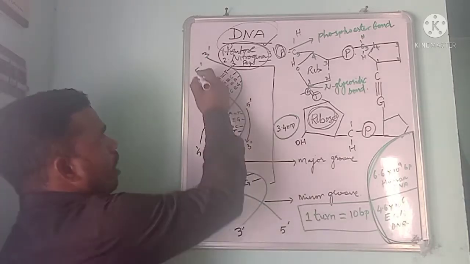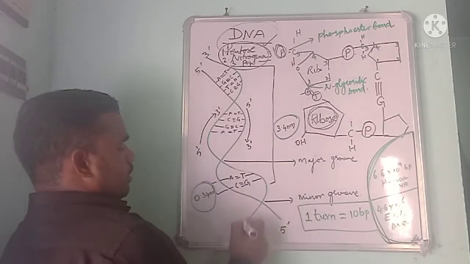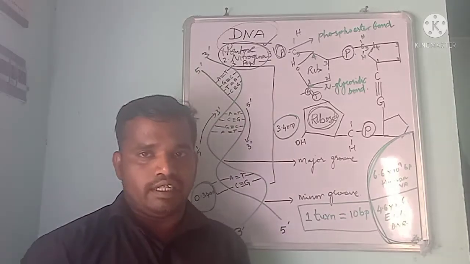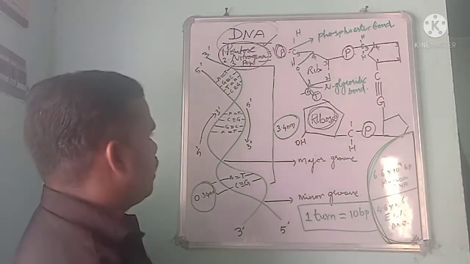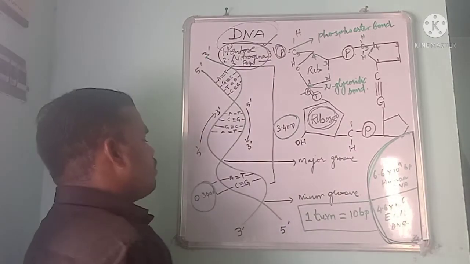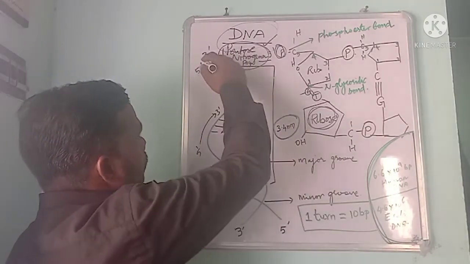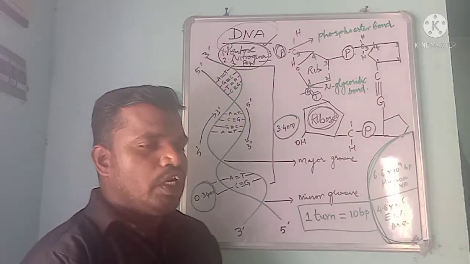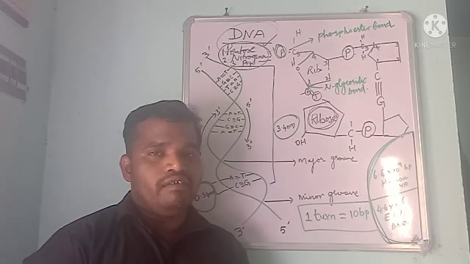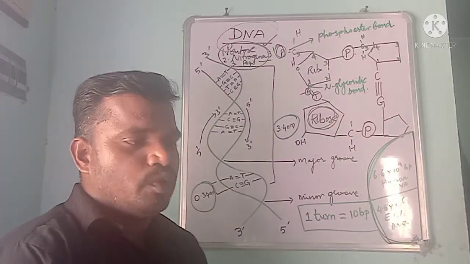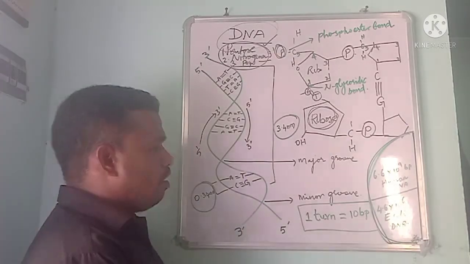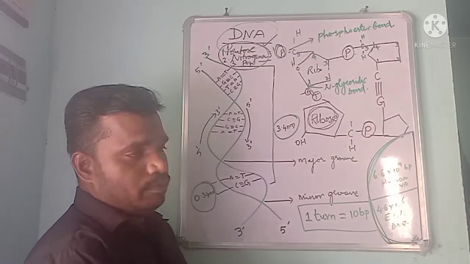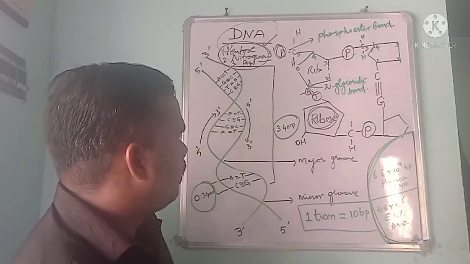It runs from 5 prime to 3 prime, and the other strand from 3 prime to 5 prime, because they run anti-parallel to each other. The synthesis of DNA always occurs in the 5 prime to 3 prime direction. I will be discussing that in later classes.